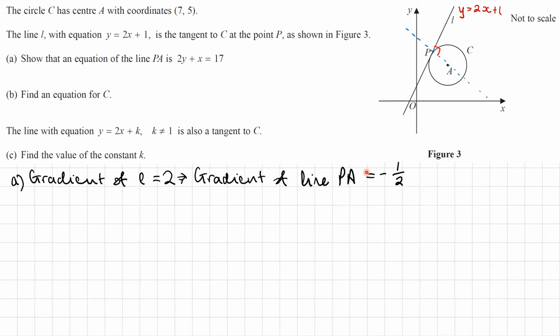So now we have the gradient of the line PA, but we know that the line goes through the point here, which is the center of the circle, and we know its coordinates.